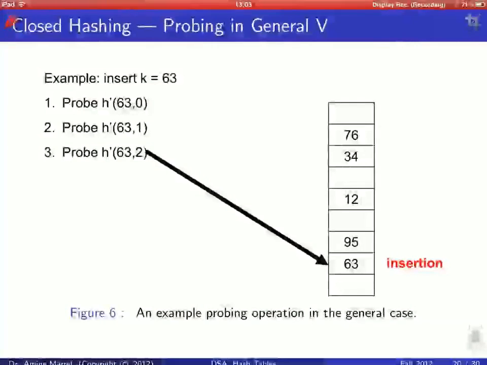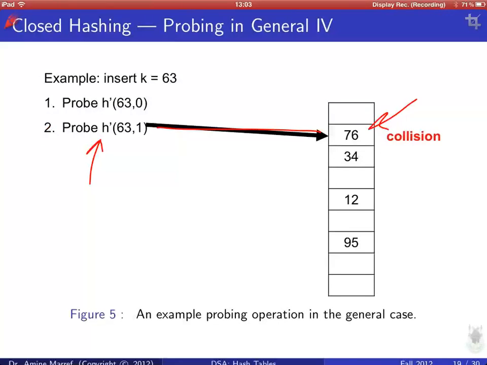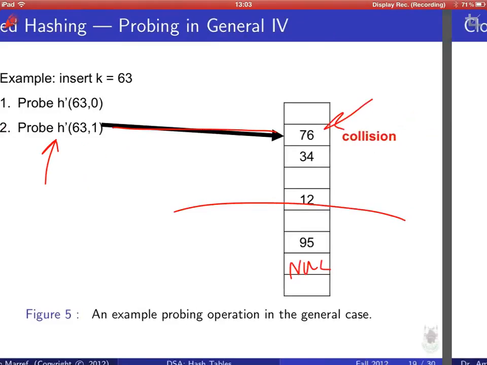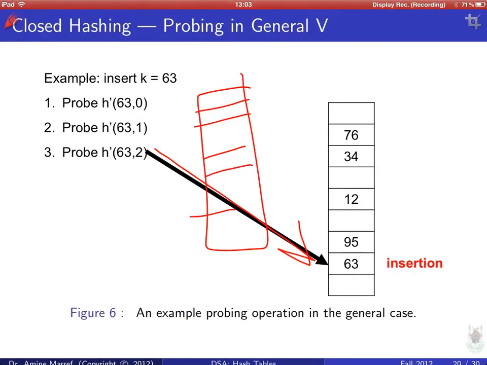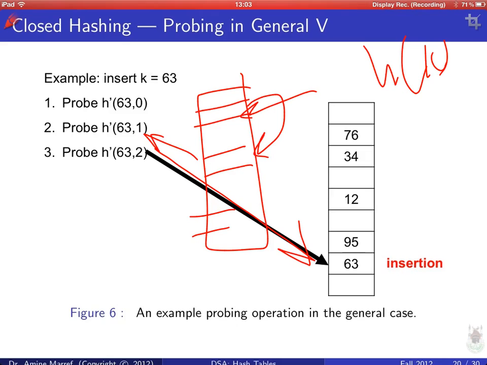Now the problem with deleting it just like that is it might be part of a probing sequence of another number. For example, assume that in order to insert the number 95, the hash function first sends us here, and then the probing sequence tells us to go here, and then tells us to go here.